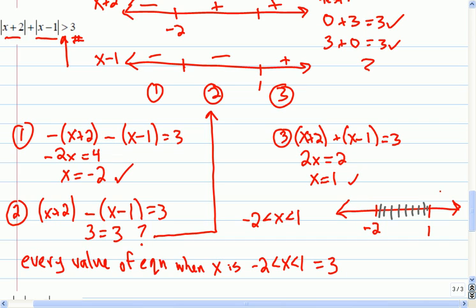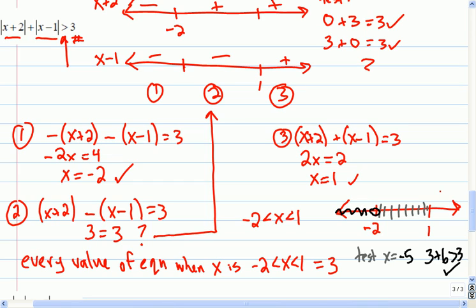So for example, if I was to test x equals, oops, let's change it to black here. Let's say test x equals negative 5. So then I've got 3 plus 6, which is greater than 3. So it'll work everywhere on this side.